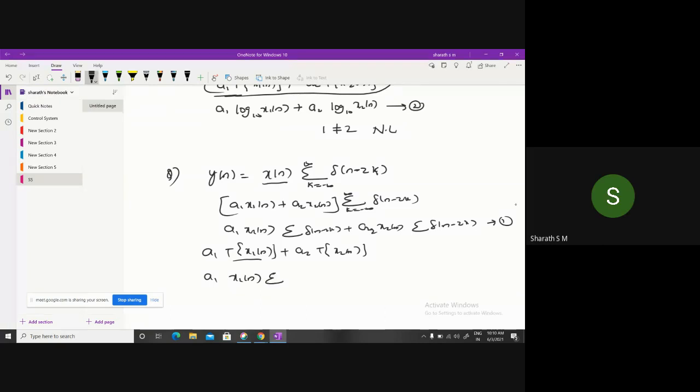So x1 of n summation delta of n minus 2k plus a2 into x2 of n summation of delta of n minus 2k. So compare the equation 1 and 2. Is it equal? Yes, sir. So 1 is equal to 2, so it's a linear system.